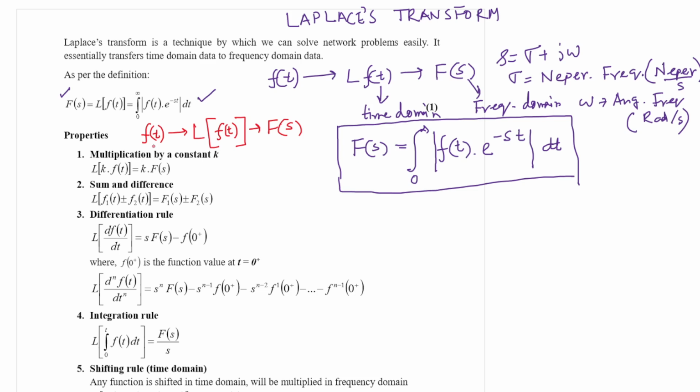Now the first property is multiplication by a constant k. If that same function f(t) is multiplied by a scalar k, then its equivalent Laplace transform will be k into F(s). That is number one property. We shall see the application of this property very soon. Let us discuss them one by one.